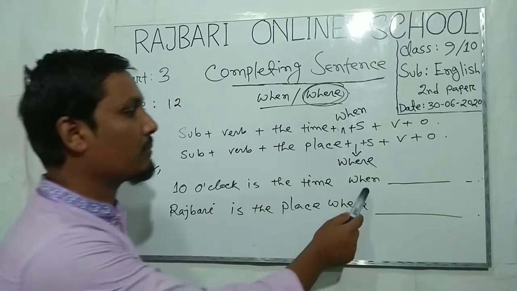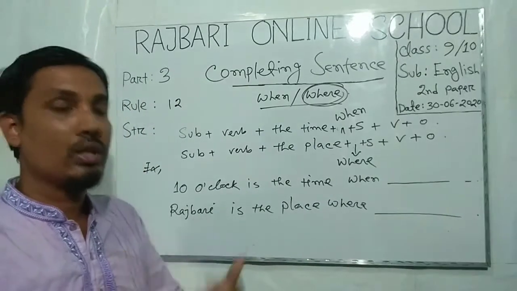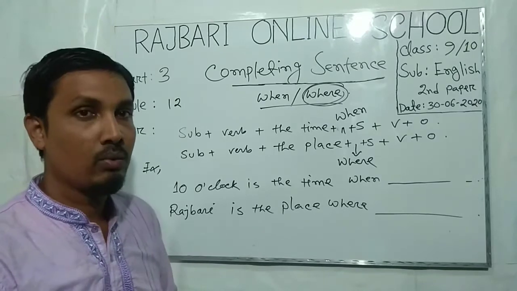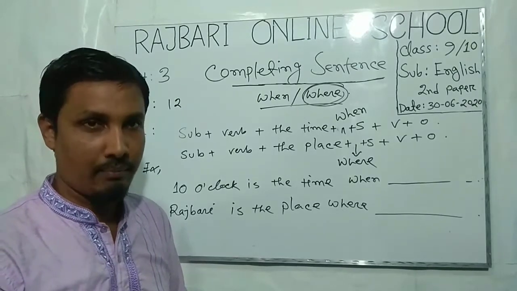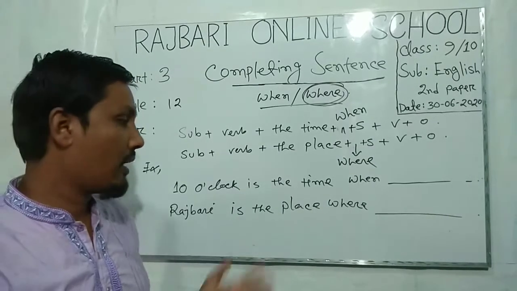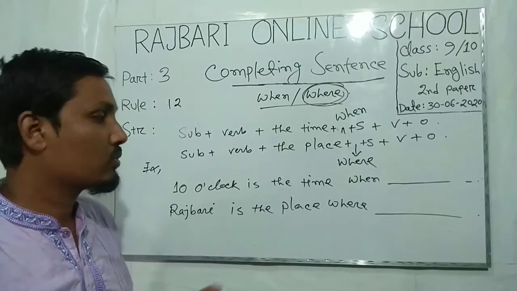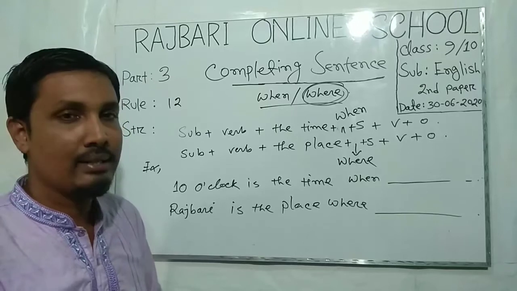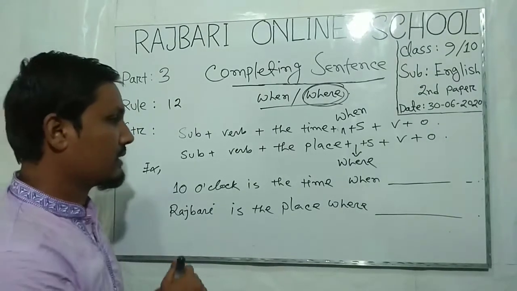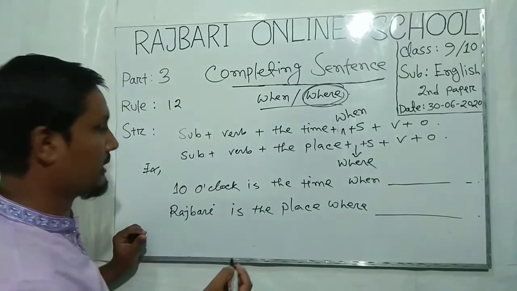When means time, and you have to write any work which is connected with time. Where means the place, and you have to complete this sentence with something connected with the place.